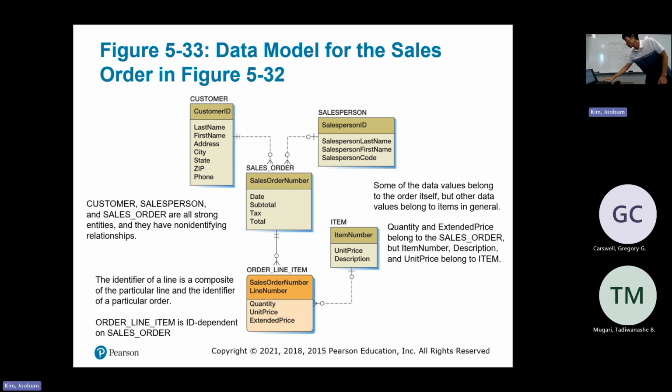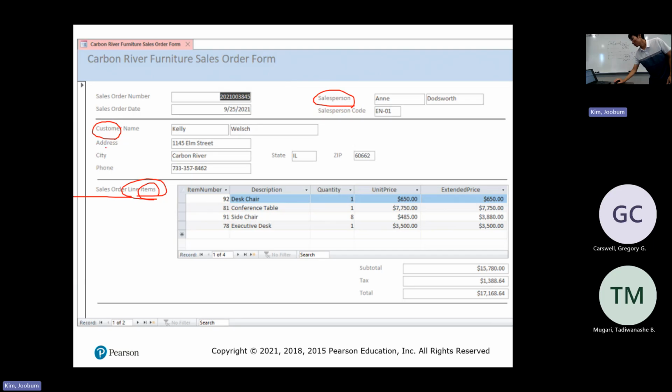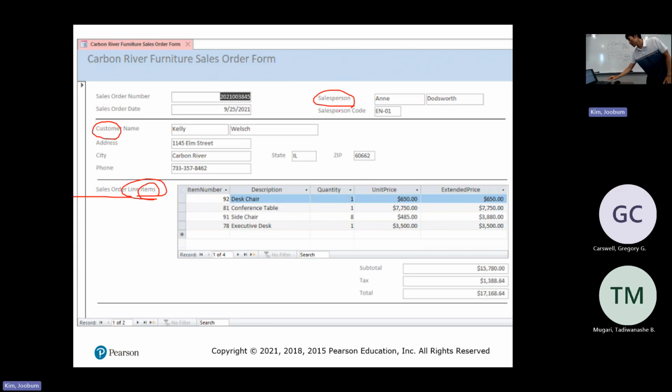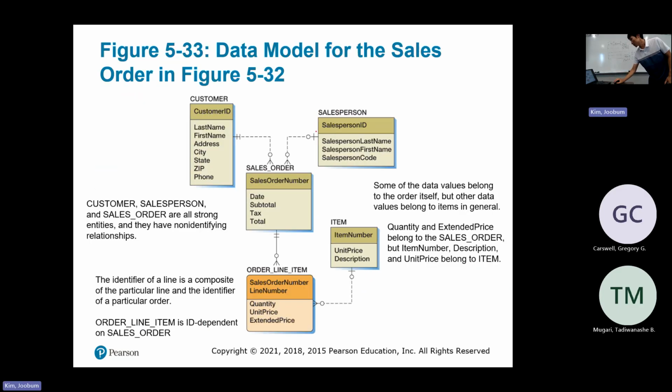So this is a customer. Okay, we draw the customer. And then salesperson. Customer and salesperson are not related to each other, which means they are strong entities that can exist on their own.